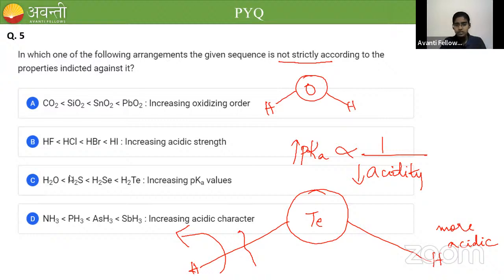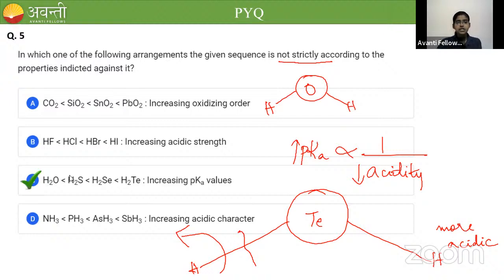Since it is more acidic, the pKa value should be very less, because pKa and acidity are inversely proportional. So the order is wrong; it is actually the other way around. So option C is not strictly following the property. Okay, so that is the correct answer.